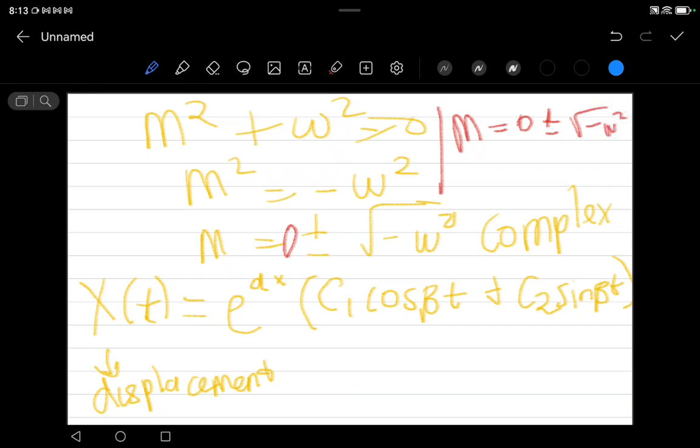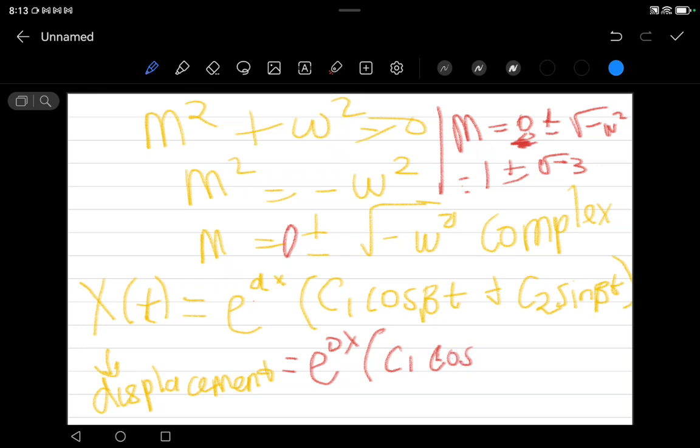On the alpha, we write the first value, so we can write e to the power of 0 t. Sometimes you'll find 1 plus or minus the square root of negative 3. The alpha is the first value, so here the alpha is going to be 0, into c1 cos beta.